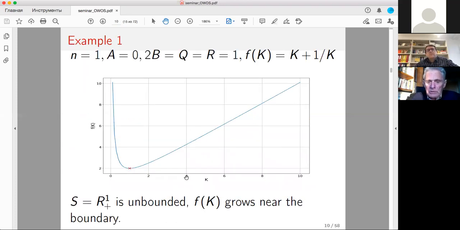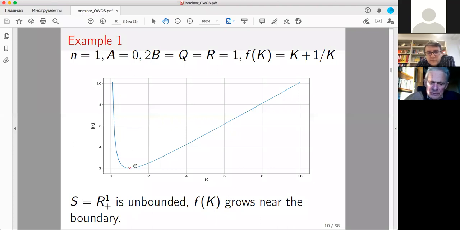Okay, so first of all, let's understand what kind of functions we work with. For instance, for the simplest case of one-dimensional state and one-dimensional control, we have an explicit expression of this function, and it's (k plus 1) over k. So you see, first of all, that the set of stabilizing controllers is unbounded. In this case, it's a ray.